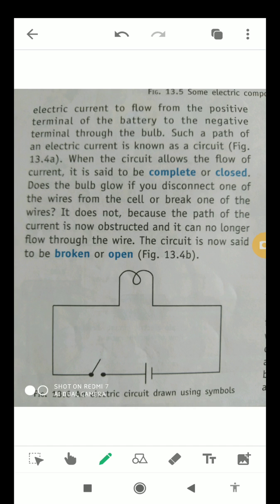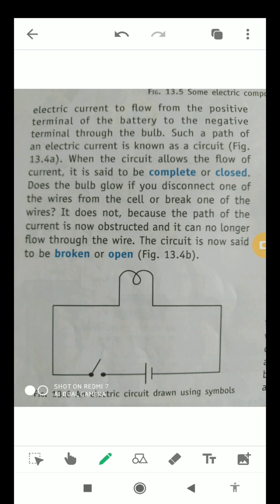Now I will tell you about an open or incomplete circuit. An open circuit is a circuit in which there is a breakage at some point, that's why the current does not flow regularly.